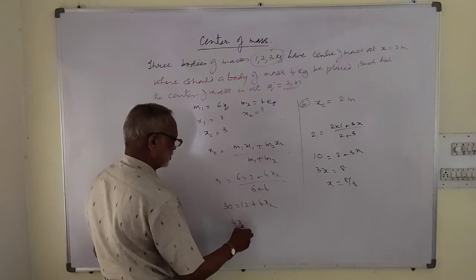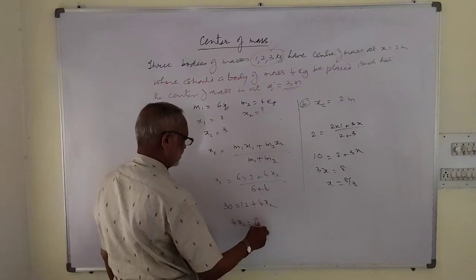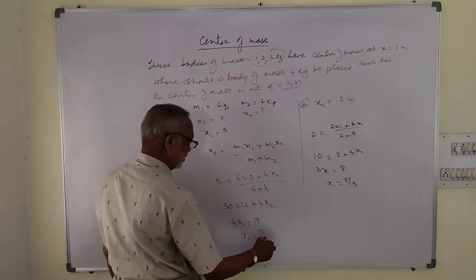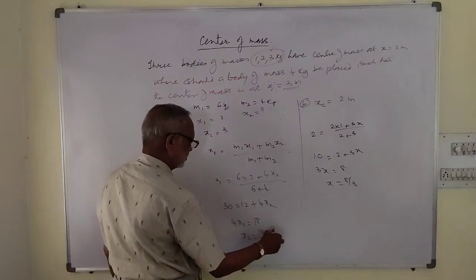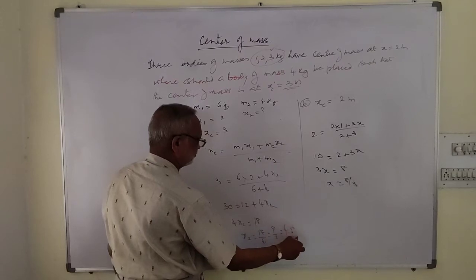So 4x2 is equal to 30 minus 12, that is 18. So x2 is equal to 18 by 4, that is 9 by 2, that is 4.5.